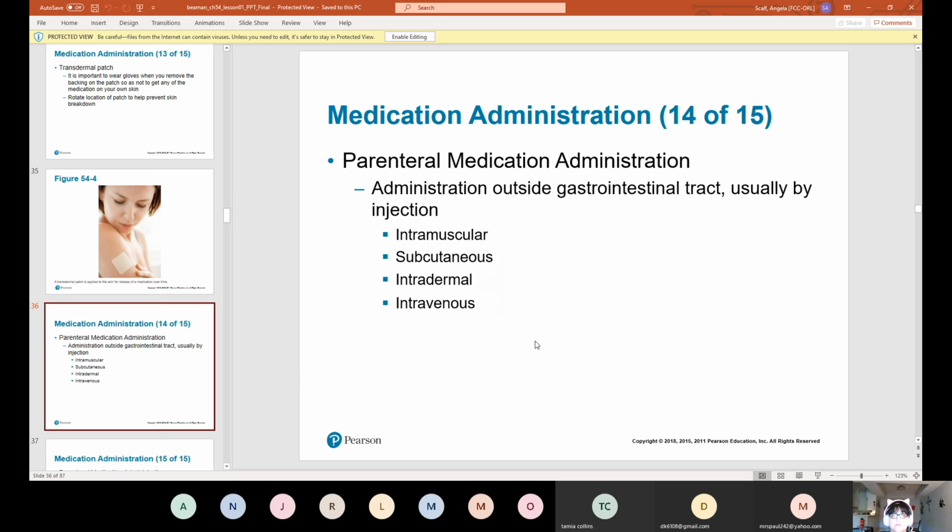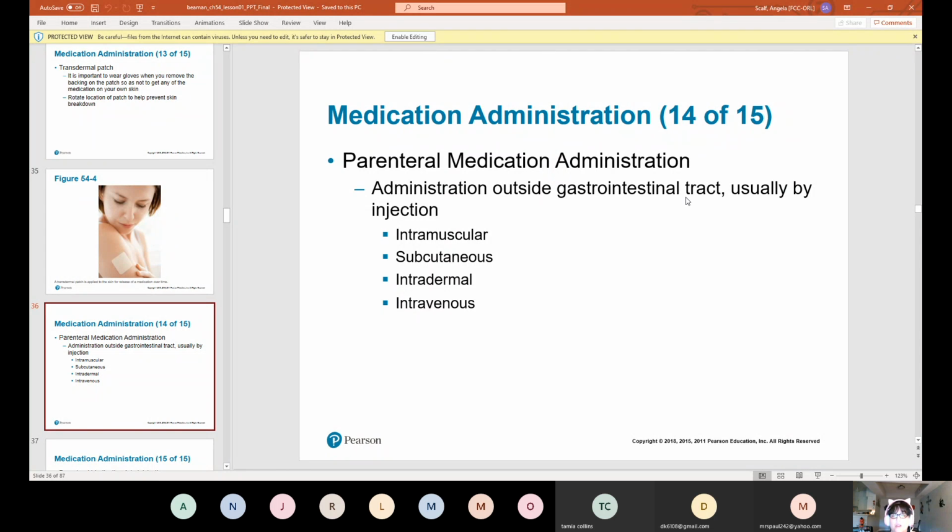Now the next thing we're going to get into is parenteral medication administration. Write this down. This is any medication that's given outside the GI tract.